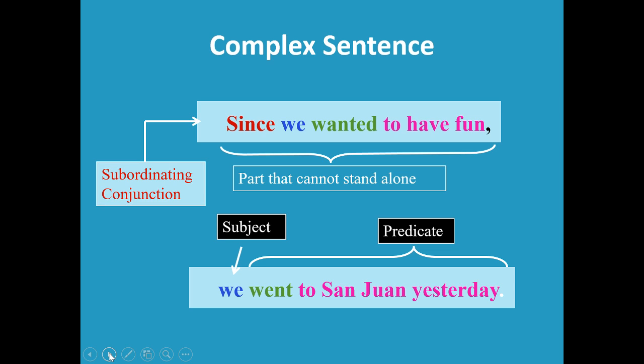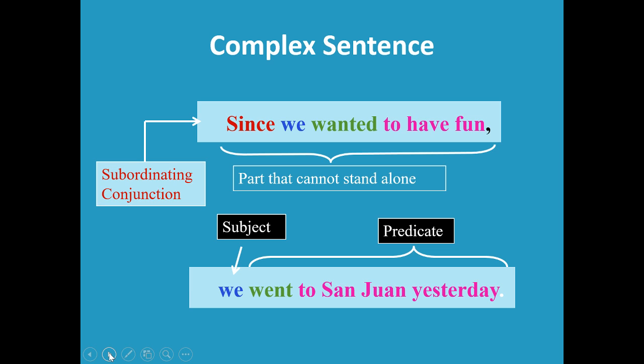Since we wanted to have fun, we went to San Juan yesterday. So here, the first part is the part that cannot stand alone, which means "since we wanted to have fun" is the dependent clause. And then the last part, "we went to San Juan yesterday," is the independent clause.